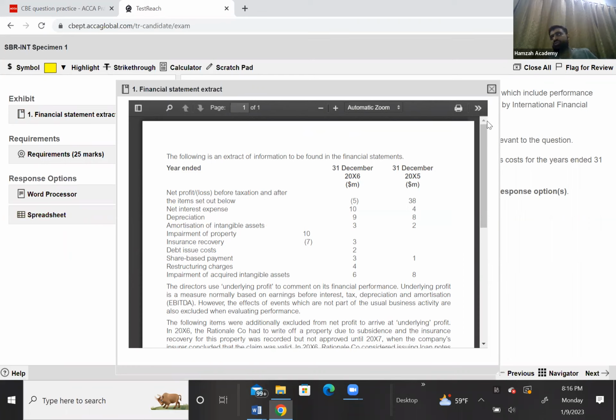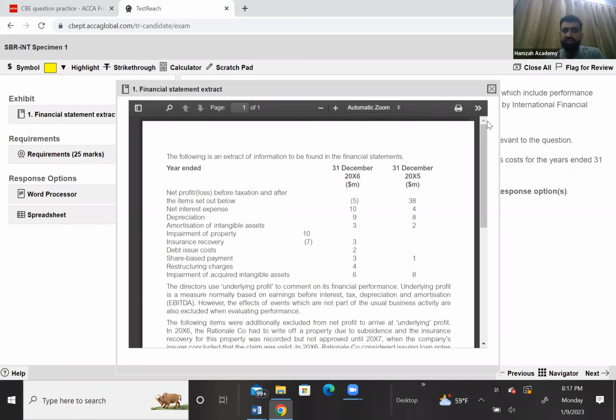Okay, and we will use the relevant response option, depending on whether calculations are involved or discussions are involved. But let me clarify one thing: for one requirement, we can use both response options. As in this question, we have 2 response options: word processor and spreadsheet. So if I'm answering requirement A, to answer requirement A, I can use both response options, word processor and spreadsheet.